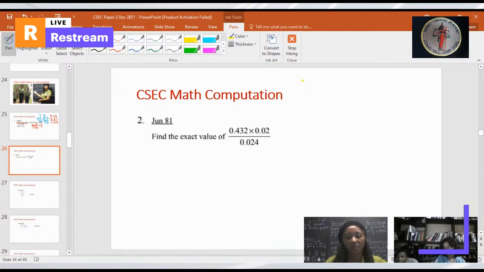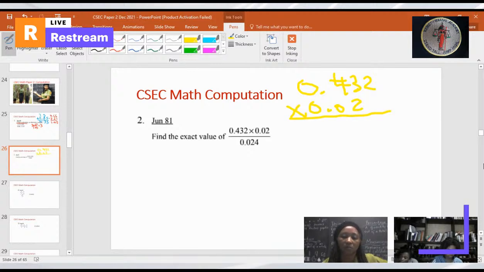All right. So we're going to multiply, right? Yes, miss. Okay, let's multiply 0.432 times 0.02. So tell me step by step what to do. Okay, miss, first you're going to multiply the 2 times the 2.